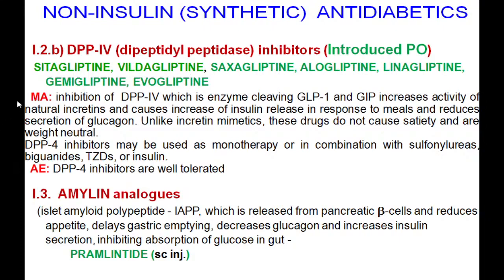So, mechanism of action, once again, inhibition of DPP4, which is enzyme cleaving GLP-1 and GIP, increases activity of natural incretins and causes increase of insulin release in response to meals and reduces secretion of glucagon. Unlike incretin mimetics, these drugs don't cause satiety and are weight neutral.